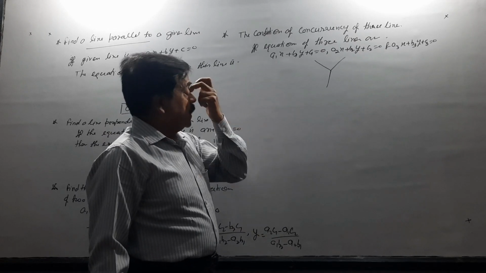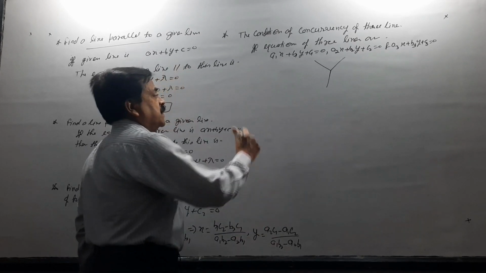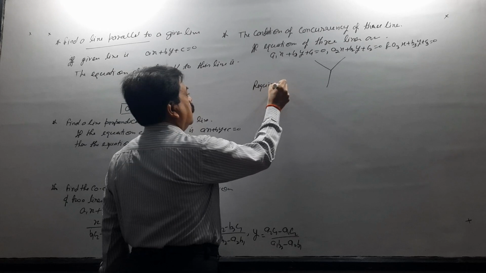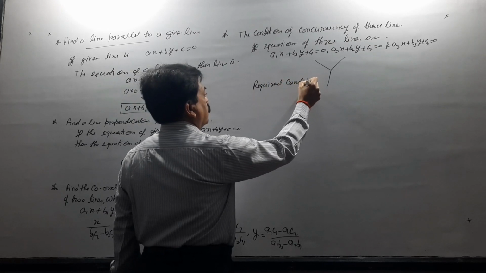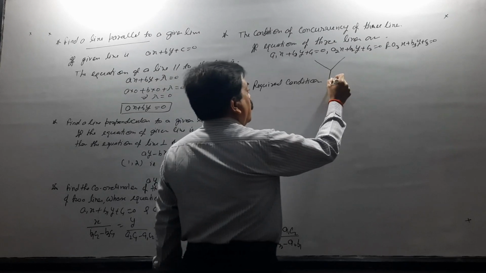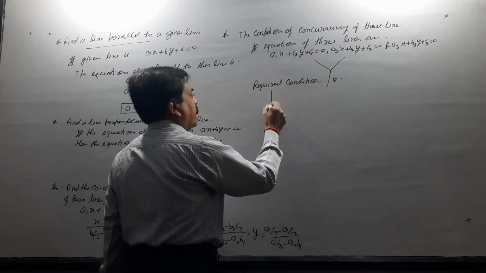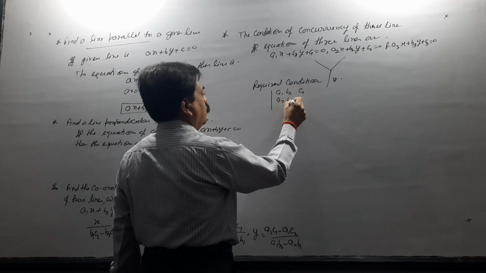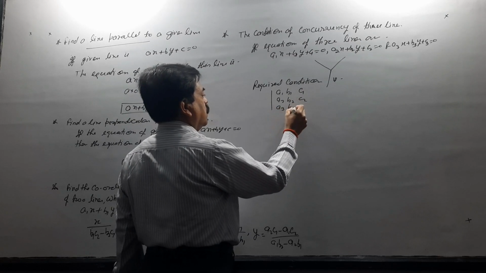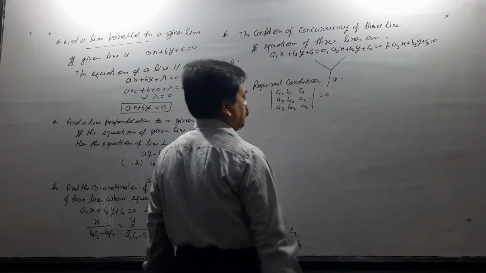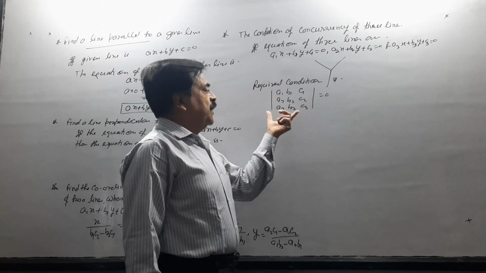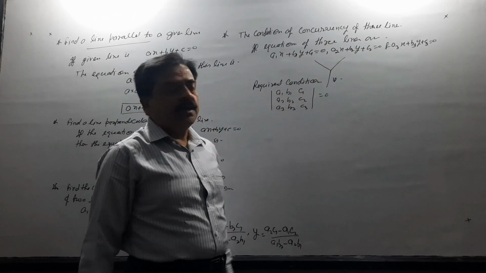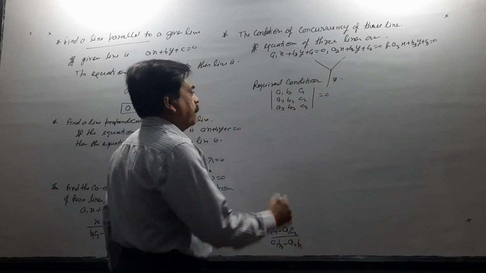So the required condition that these three lines are passing through a single point is determinant a1 b1 c1, a2 b2 c2, a3 b3 c3 is equal to 0. If determinant value is 0, then we say that three lines are concurrent. Concurrent means they are passing through a single point.